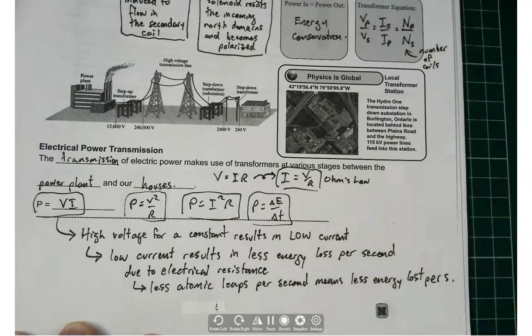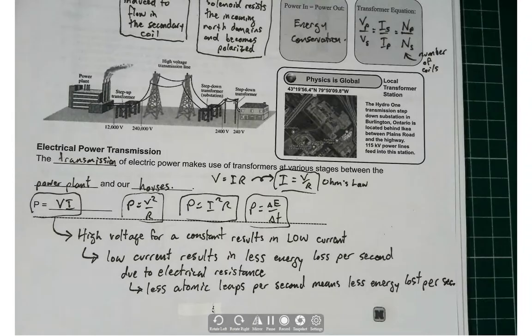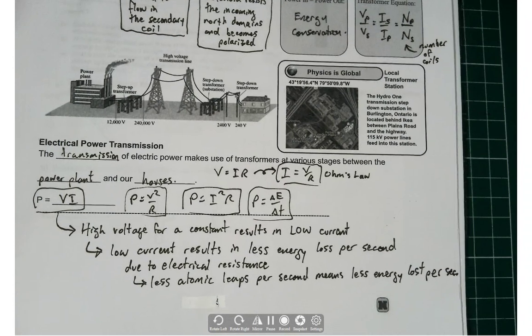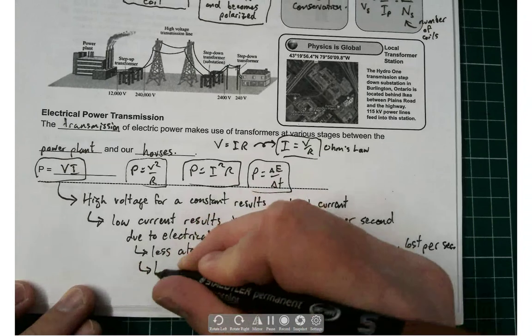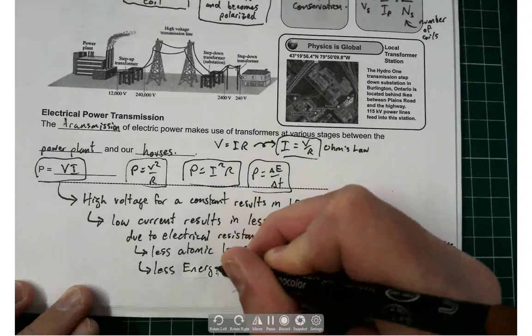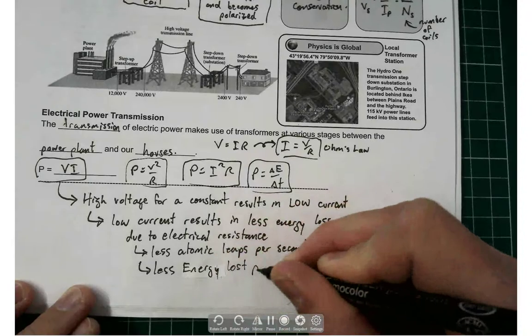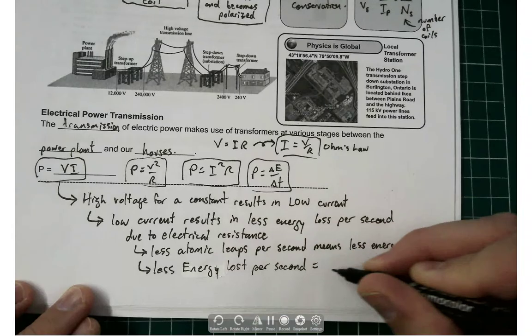I'll just say sec for second, so we don't think it's like PERS, okay? Then we could say, less energy loss per second equals higher efficiency.